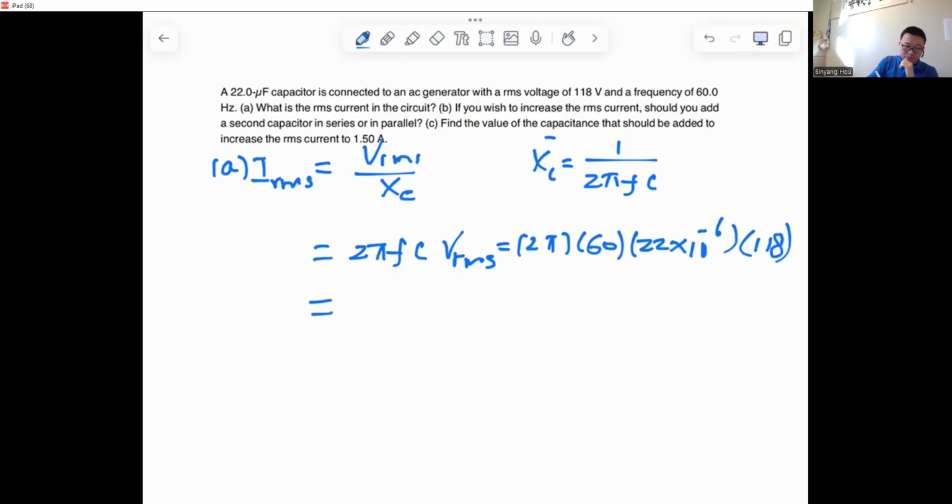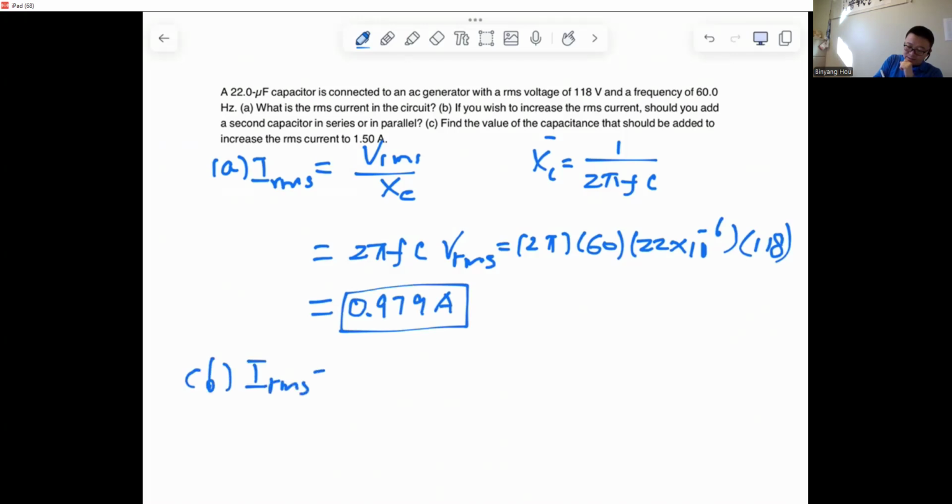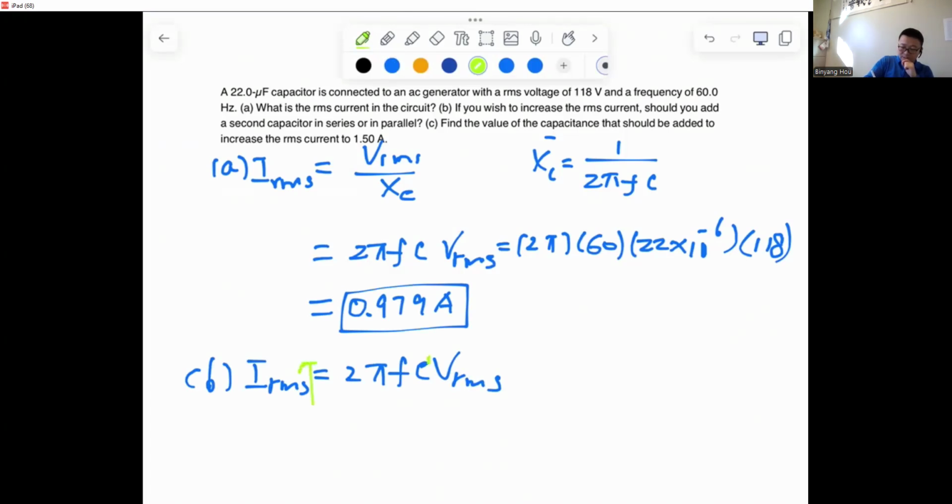That will give you the current as 0.979 amps, because IRMS is equal to 2 pi F C VRMS.